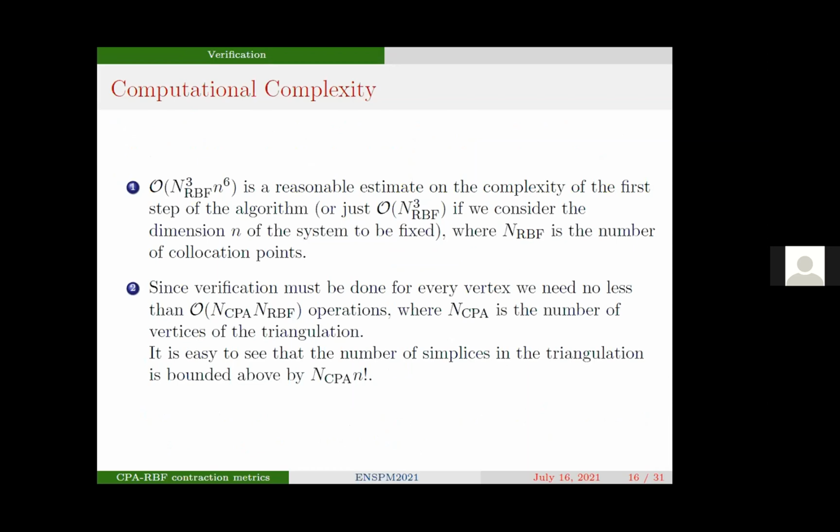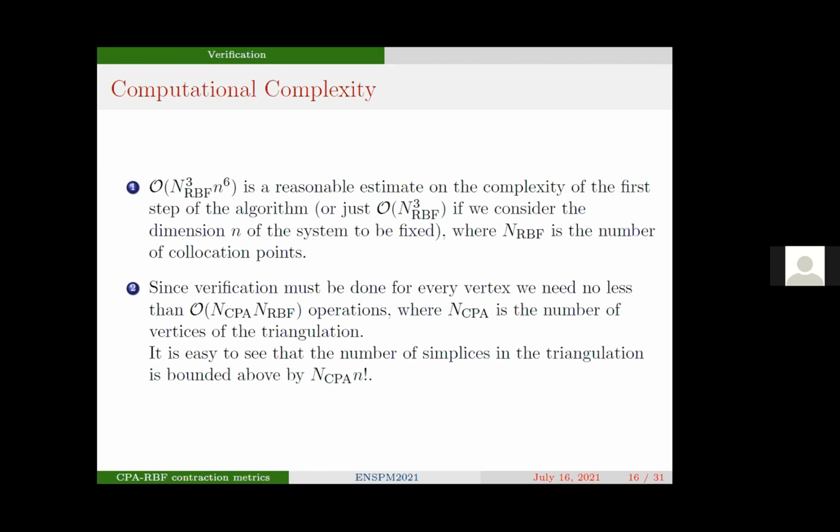A little bit about the complexity of the algorithm. For the first step using RBF, the complexity is of order n_RBF to the power 3 and 6, where small n is the dimension of the system and n_RBF is the number of collocation points. For the second step, verification, we need to verify everything at each vertex for the first constraint, for which the complexity would be N_CPA and RBF.